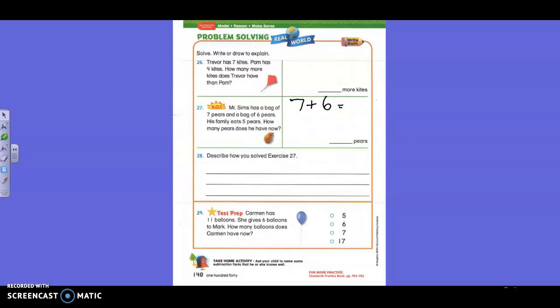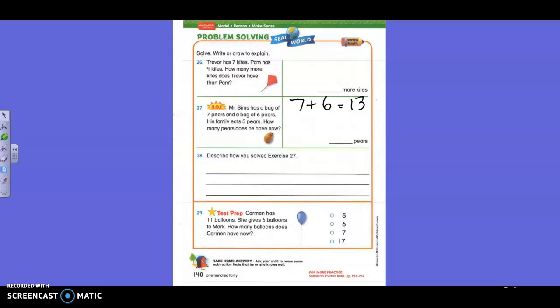How many pears is that, boys and girls? 13. How many is it, everyone? 13. He has a bag of 7 and a bag of 6. 7 plus 6 is not 8. It's 13. So he has 13 pears, right?